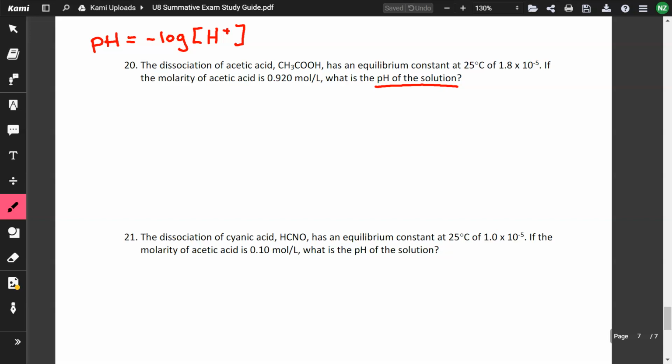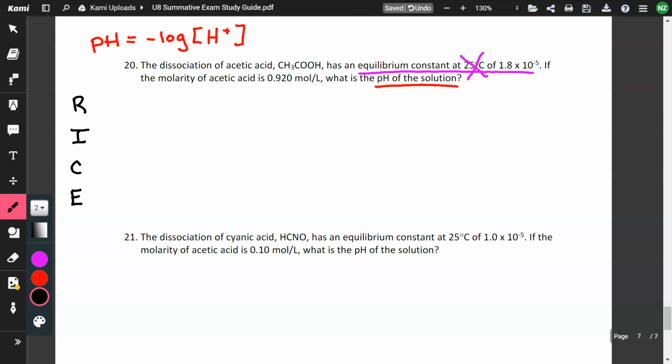We don't have that. Okay, so that's a bummer. What else do we have in the question? Well, it tells us we have an equilibrium constant. I don't care that it's 25 degrees. That doesn't do anything for us. It gives us the equilibrium constant. So let's do a RICE table and see what we can figure out. Anytime you have an equilibrium constant, a RICE table is involved.